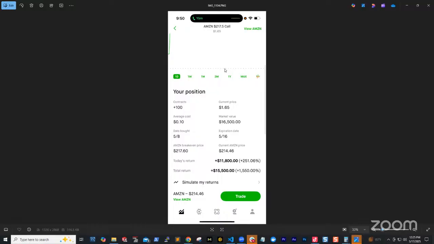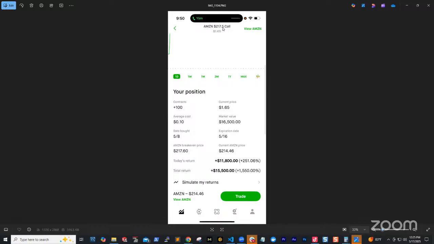Had I followed that principle, I would have seen that I was already up almost 1,500%. What else am I looking for? When the contract price was here, the stock price was at 214 and my strike price is 217.